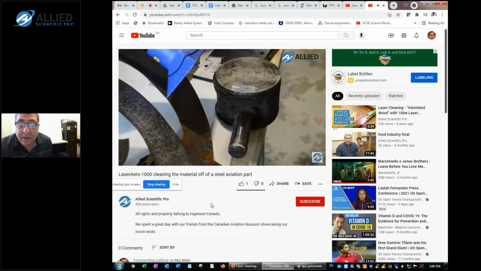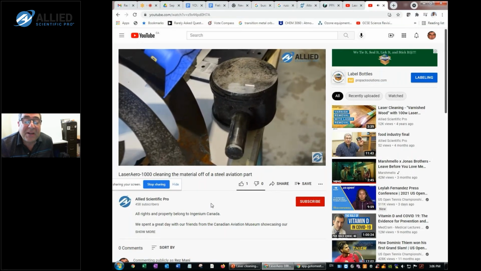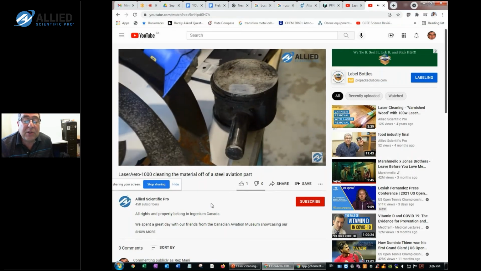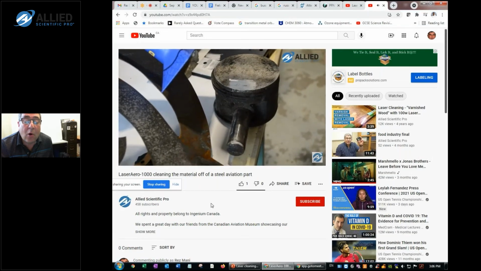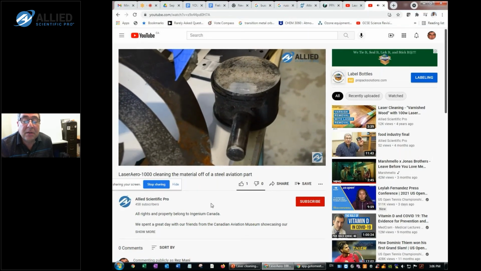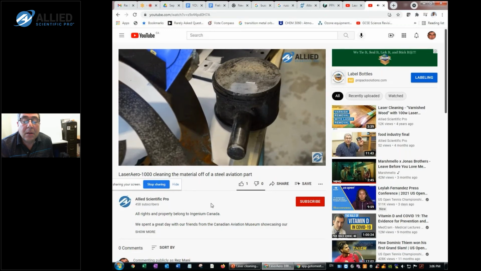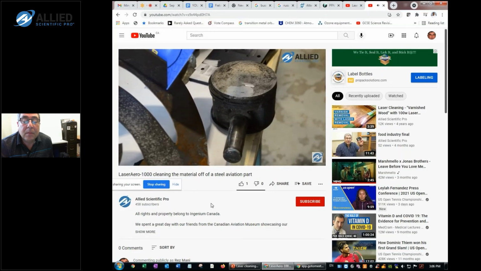Paint and corrosion I understand, but I'm asking, do you have any application where you need to clean oil or soot from some engine parts? I would certainly think so. Most definitely we have some applications like this.